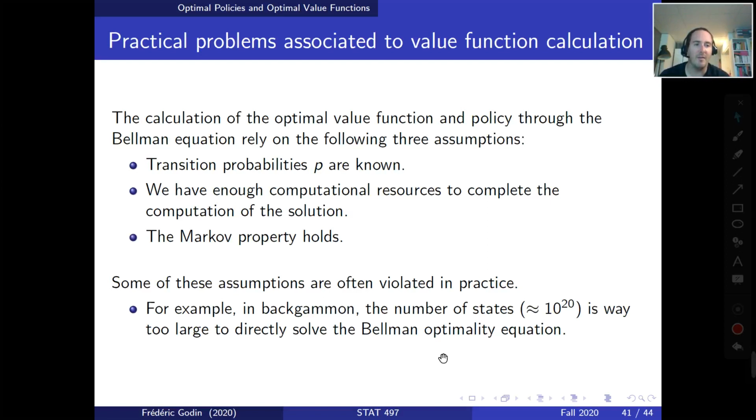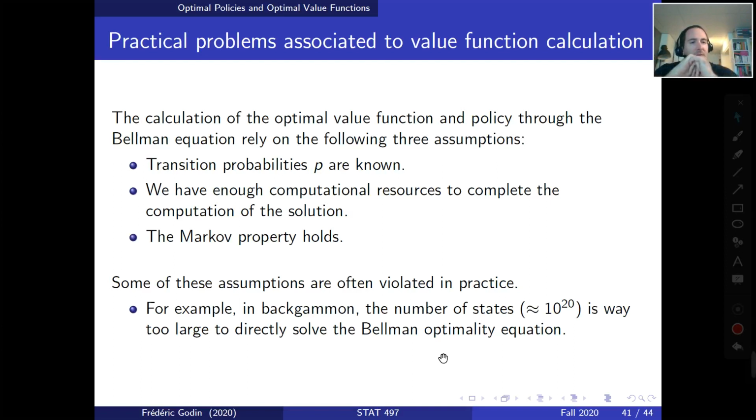We haven't shown how yet, but we have shown that this optimal value function has to satisfy some system of equations, and in the next chapters, we're going to show how to solve these systems of equations. So it seems that we're done. We have nothing besides learning how to solve these equations, nothing else to wonder about, and we've solved our problem. But as we're going to see, this is not entirely true.